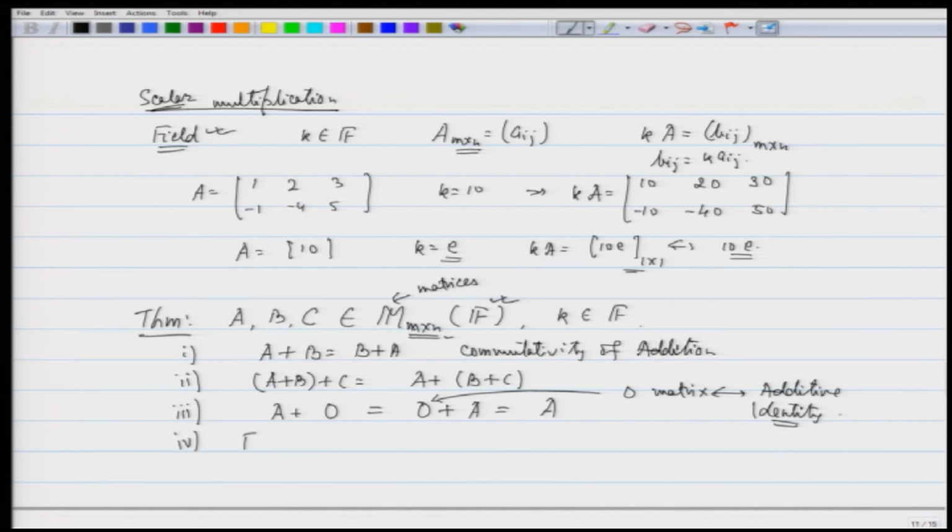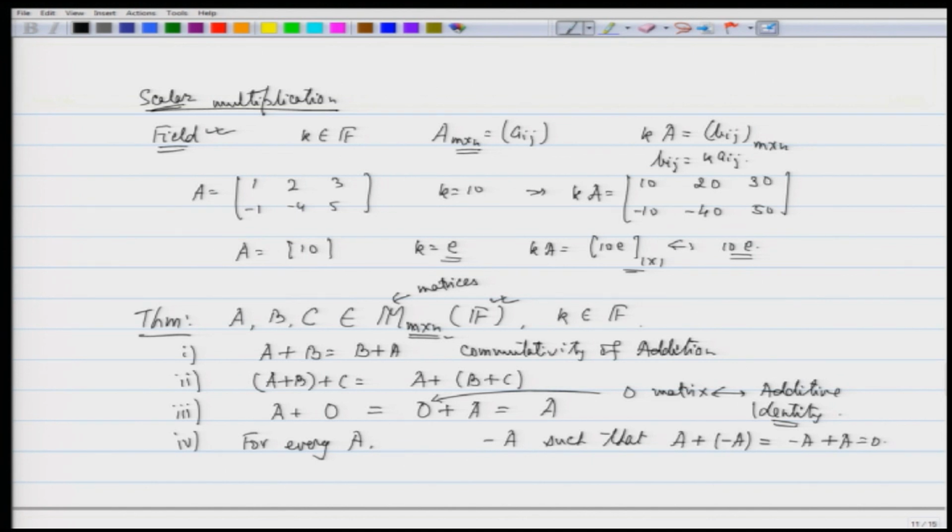Fourth, for every A, we have a matrix, we generally write it as minus A, such that A plus minus A is same as minus A plus A, which is 0. I think I should not write B here, because you may get confused with the B that is given above. So, given A, I have a minus A, such that A plus minus A is minus A plus A, and so on.